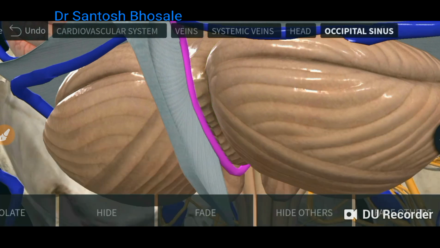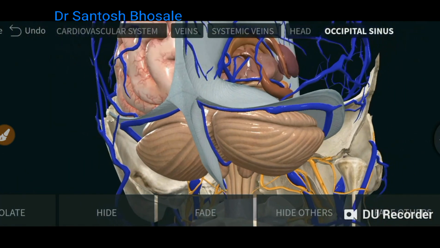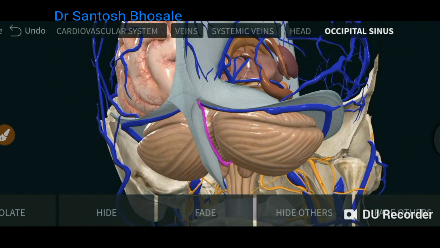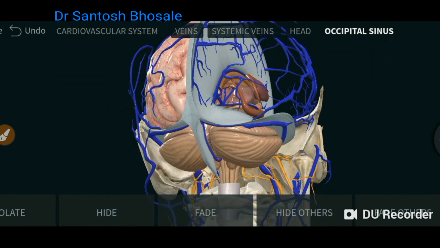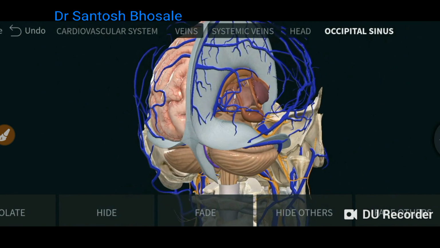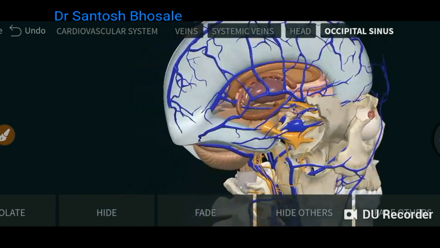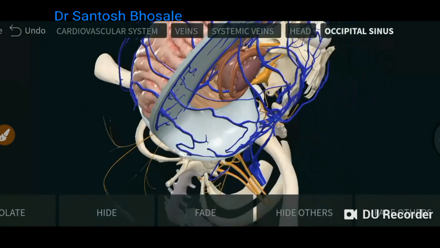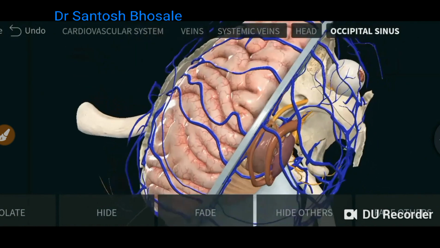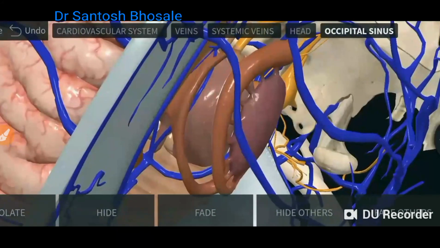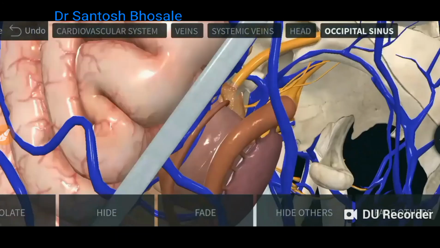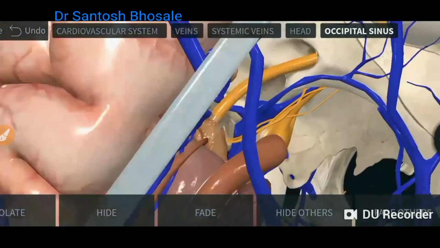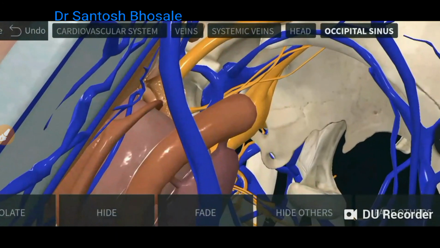This is the occipital sinus. It drains the cerebellum and ends in the confluence of sinuses, that is the internal occipital protuberance, where it joins with the superior sagittal, straight, and right and left transverse sinuses. Remember that. So all these sinuses lie in the midline.